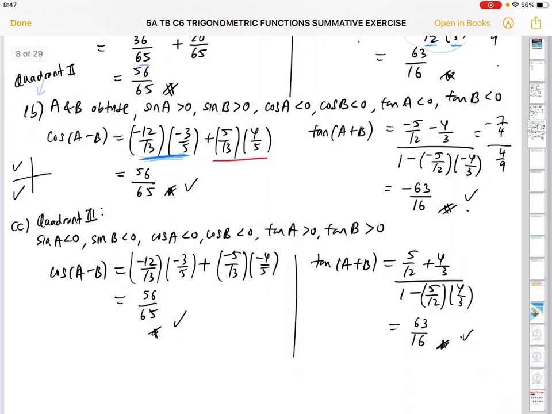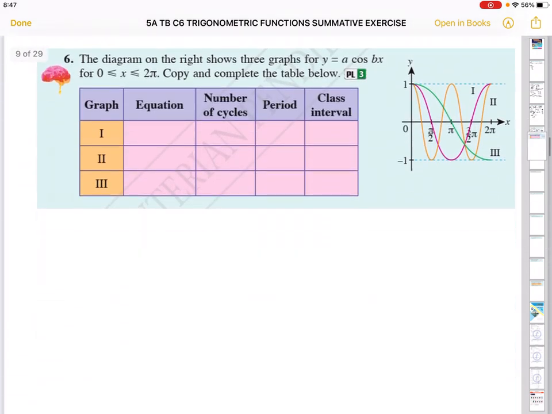All right, now this is easier. The diagram on the right shows 3 graphs, y equals a cos bx for x between 0 and 2 pi. Copy and complete. We know that there are 3 equations here. The first equation is the red one, y equals cos x.